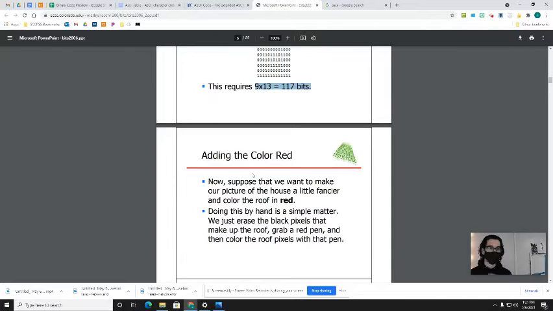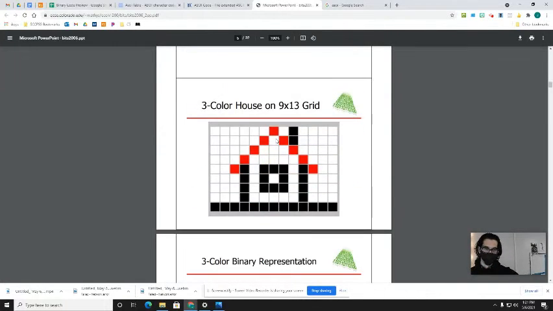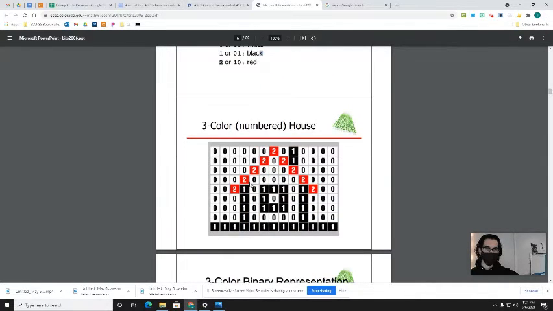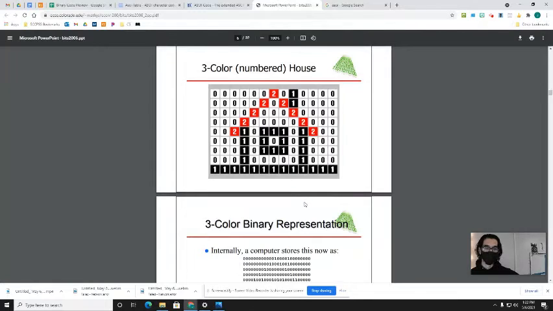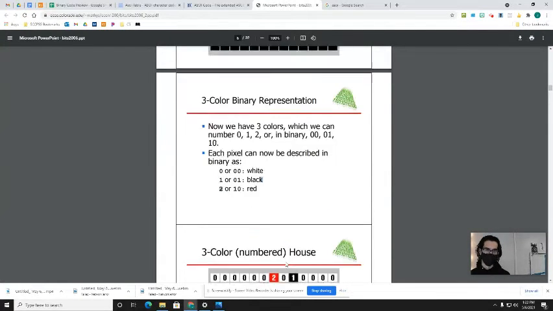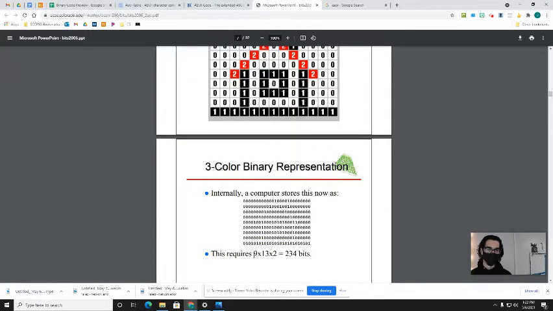When we add the color red, now we have to use 2 digits because it's no longer zeros or ones, but we have to add a 2 for the red, which then can be seen like this, which means we need to double the amount of digits stored, 117 to 234, 9 times 13 times 2, so now we have 234 bits because it has to be twice as big.